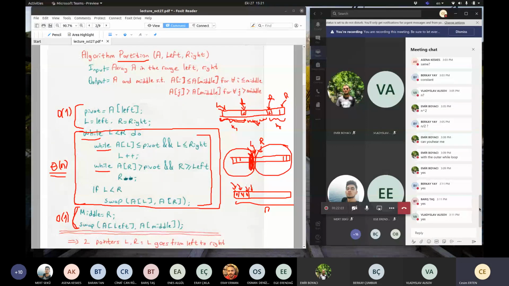Is this part clear? Is this part regarding the running time analysis of this piece of code clear? Is it only clear for Vladislav, or does everybody else also understand why the running time is theta n?